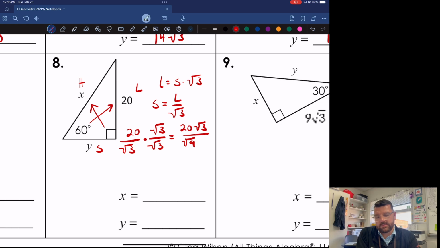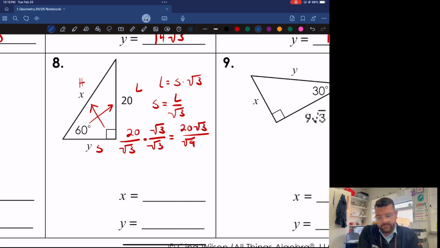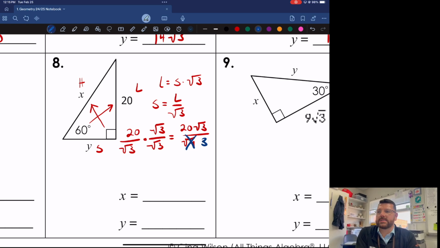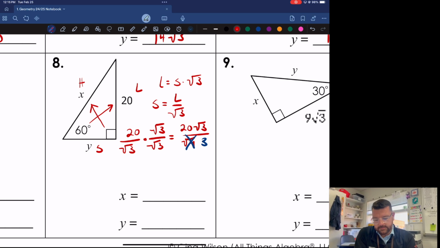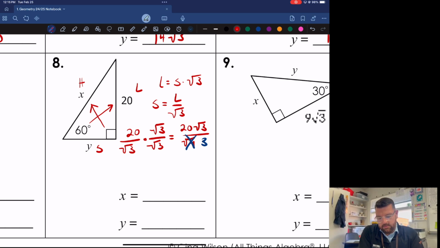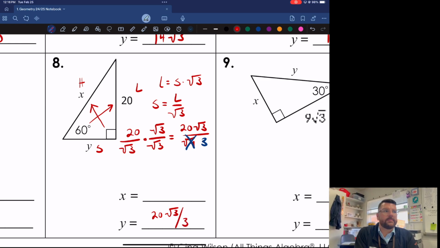But what do I know about the square root of 9? It's a perfect square, and it's just 3. So for my short side, which is y, my answer is 20 square root of 3 over 3.